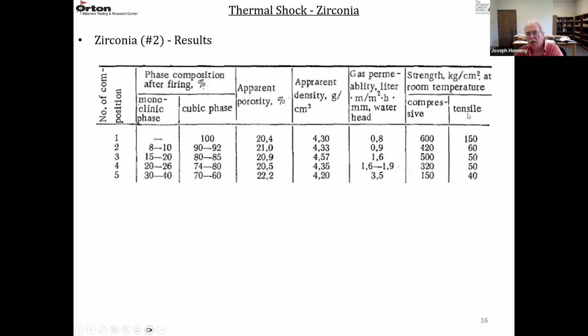So the compressive strength and the tensile strength, in kilograms per square centimeter, both decreased with increasing monoclinic phase content, and that's simply because of the increased cracks and flaws.